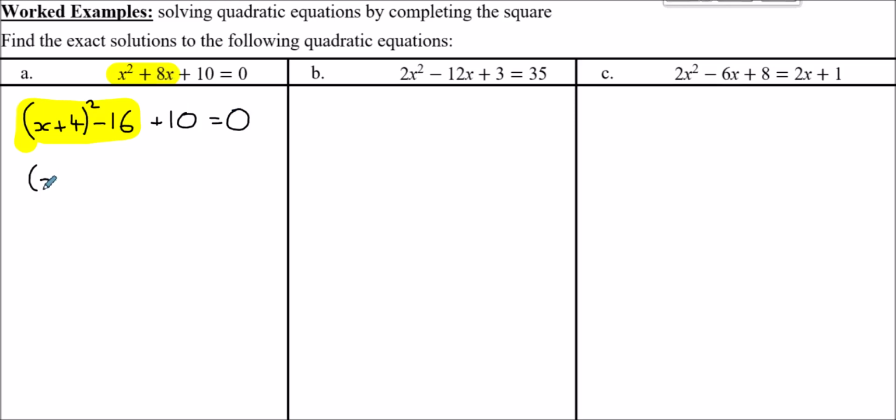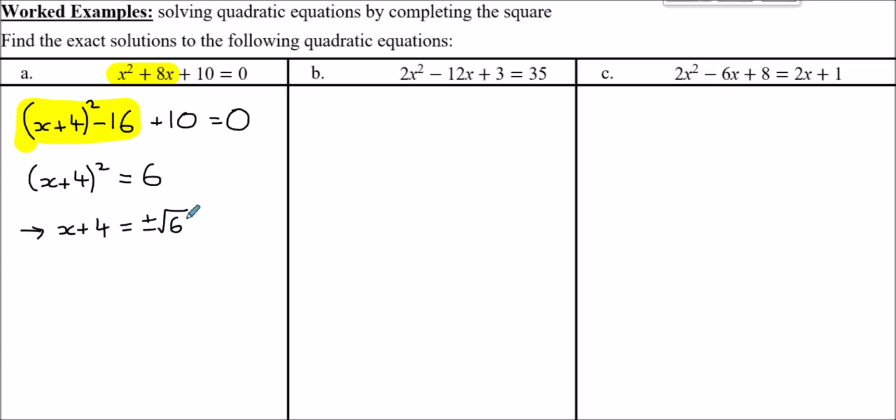So we'll leave the x plus 4 all squared as it is for now, and think about these numbers. Minus 16 plus 10 is minus 6. So we can add 6 to both sides, and we get this. We can now square root both sides, and we then get that x plus 4 must be either plus or minus the square root of 6.